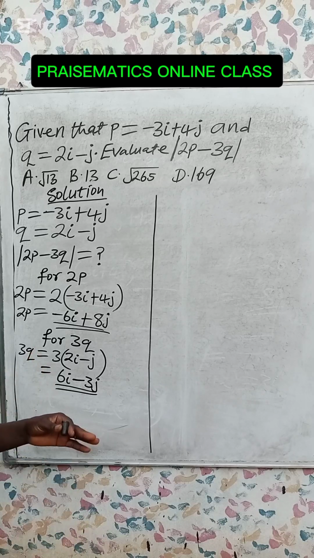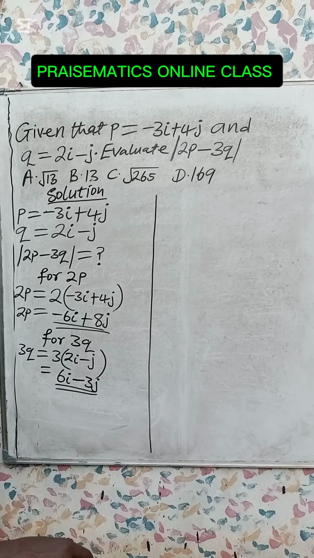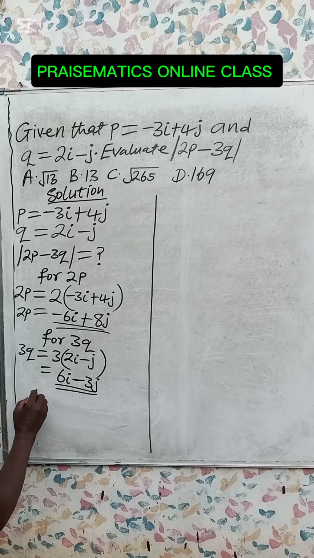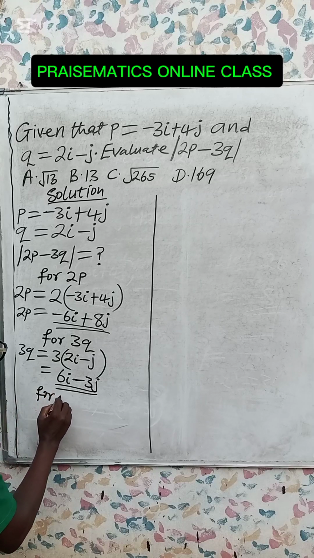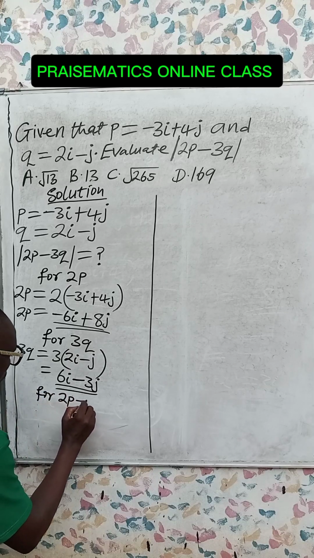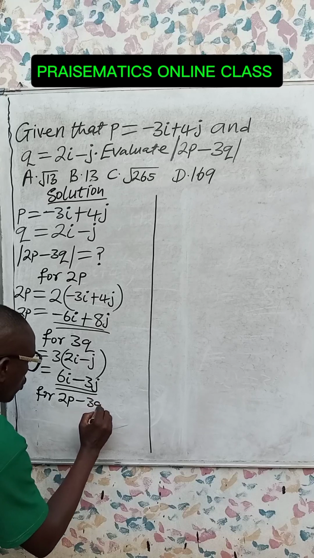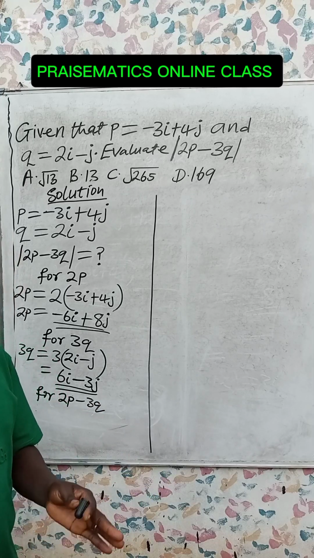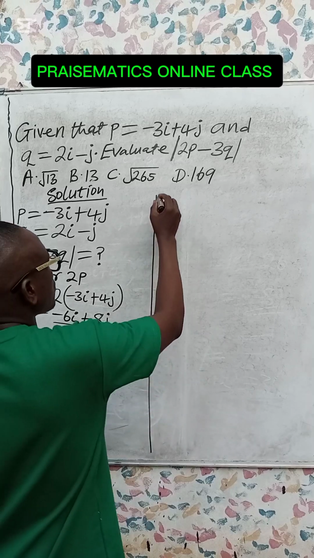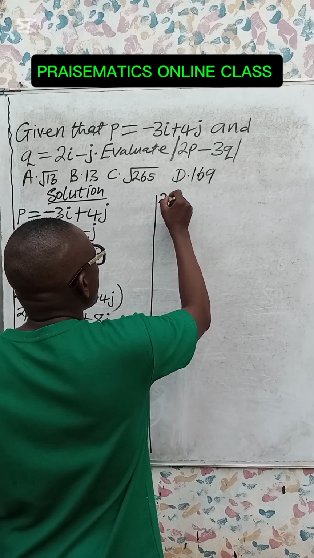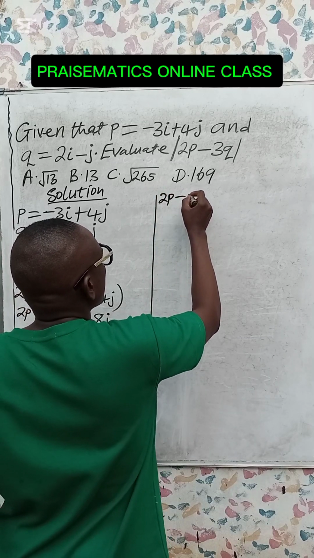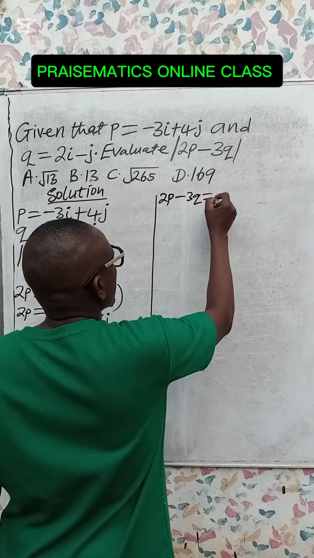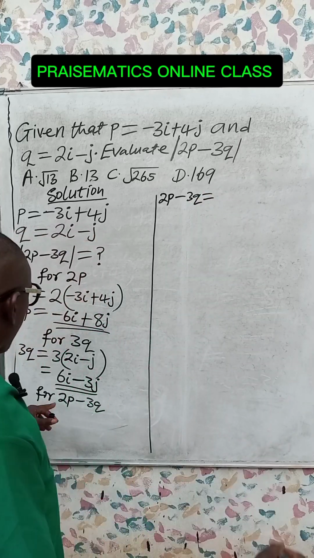But we are not looking at the value of all this. We are looking at the magnitude of 2P minus 3Q. Okay. Now for 2P minus 3Q, we need to look at the value of 2P minus 3Q. What is the value of 2P?